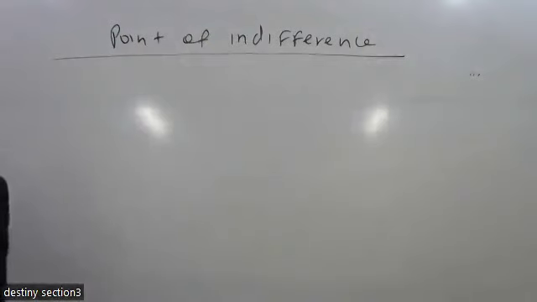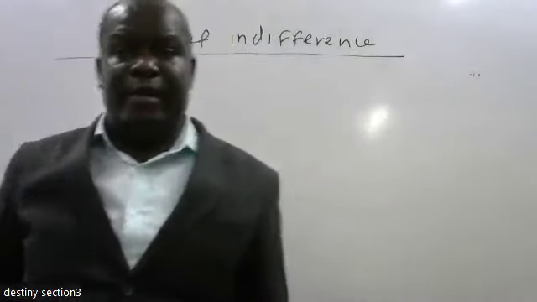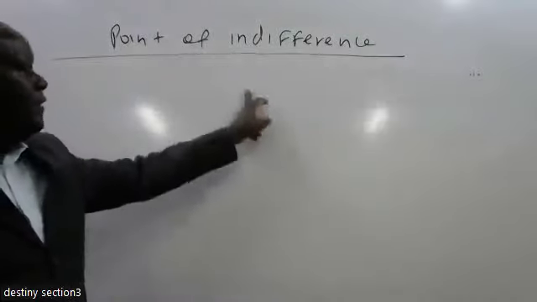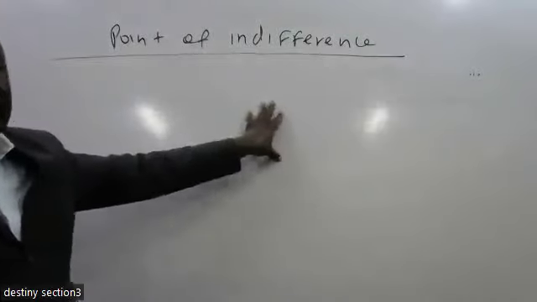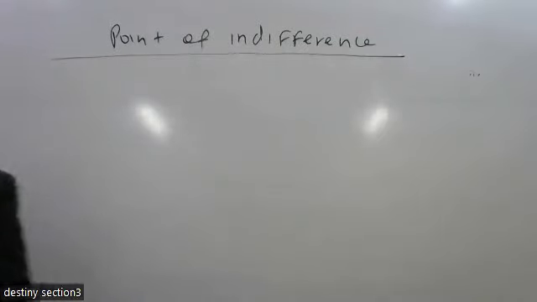Basically, we are normally indifferent when we are unable to pick a given option. So we shall be looking at different financing options whereby an investor is unable to pick one of them. So that's now to be the point of indifference.